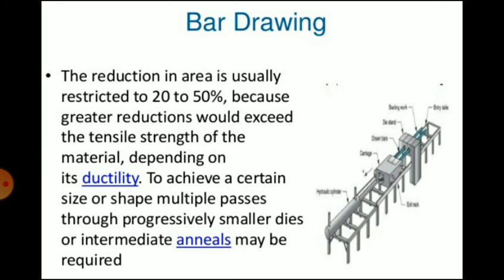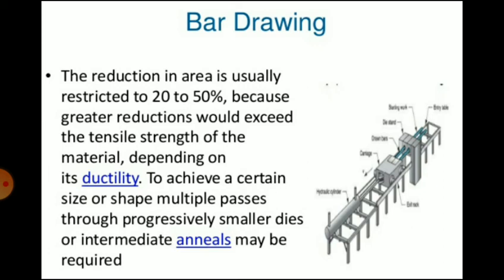So reduction in area is usually restricted to 20 to 50% because greater reductions would exceed the tensile strength of the material, depending on its ductility. To achieve a certain shape and or size, multiple passes through progressively smaller dies or intermediate annealing may be required.